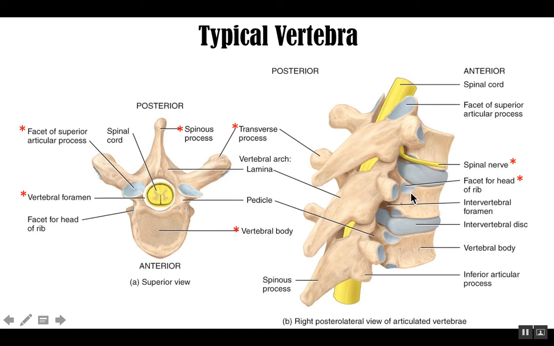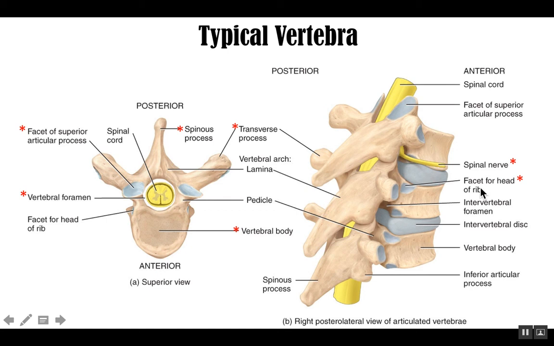Notice that there are small little facets on the body of this vertebra as well as on the transverse process. Those facets are for ribs. And that's how I know that these three vertebrae are all thoracic vertebrae, because only the thoracic vertebrae would have facets for rib attachment.